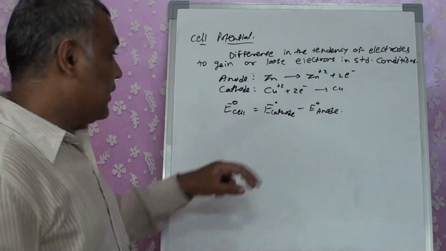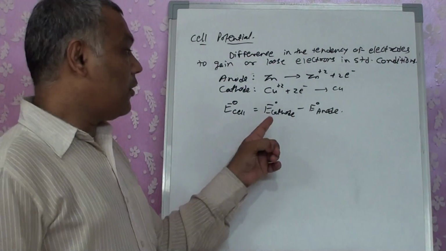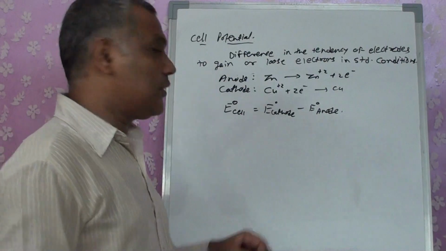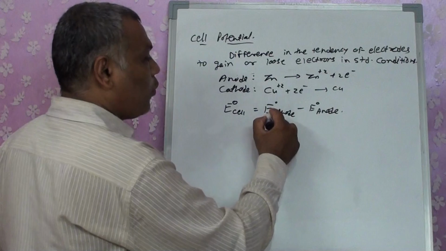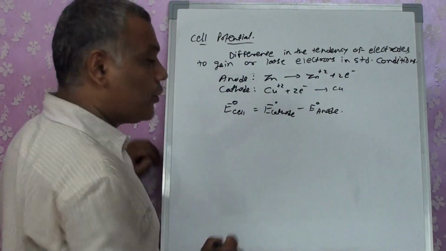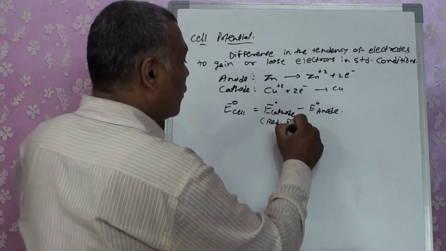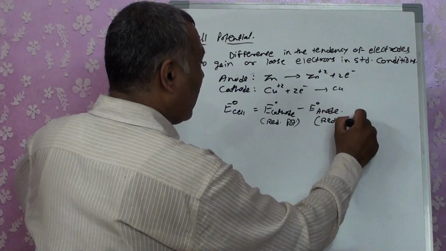That means the tendency of losing electrons or gaining electrons, whatever we are going to consider. At present, what we told is cathode minus anode, potential of the cathode minus potential of anode. That means I am going to take the reduction potential of cathode minus the reduction potential of anode.